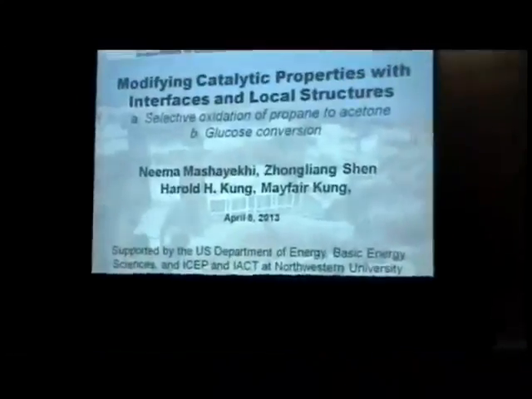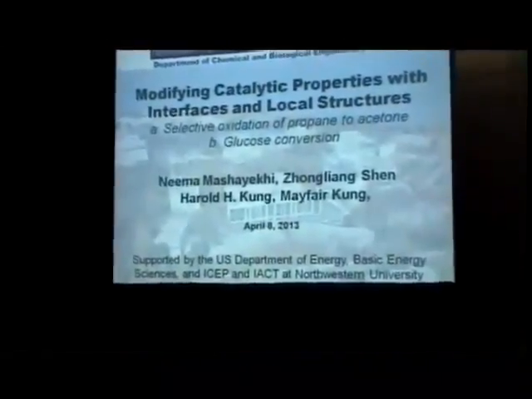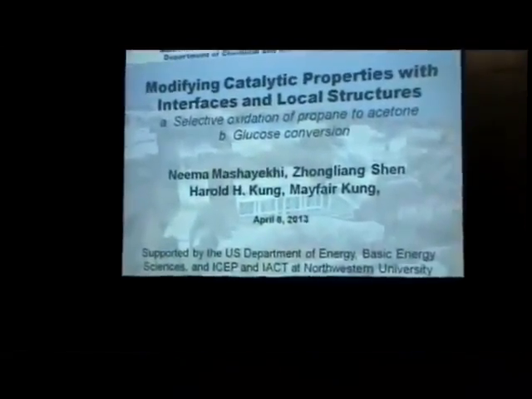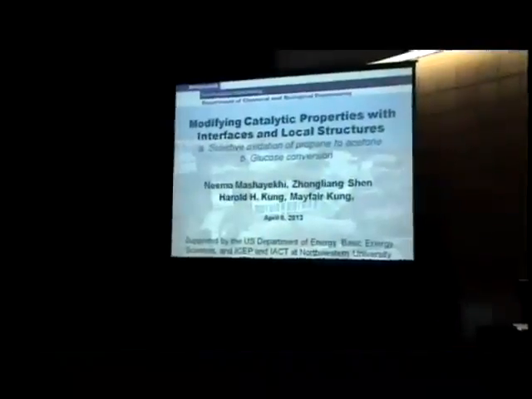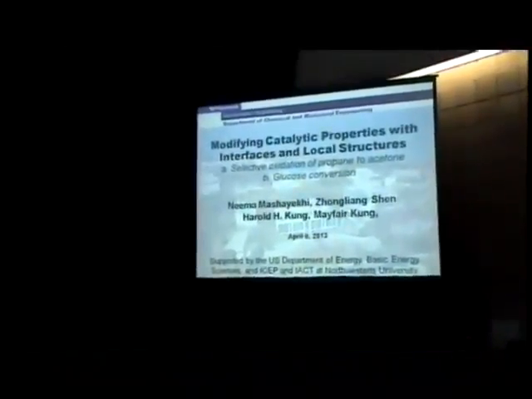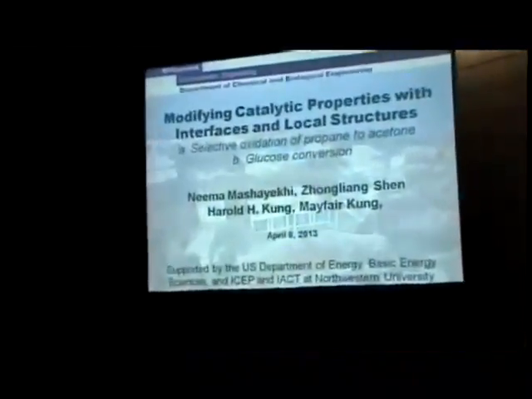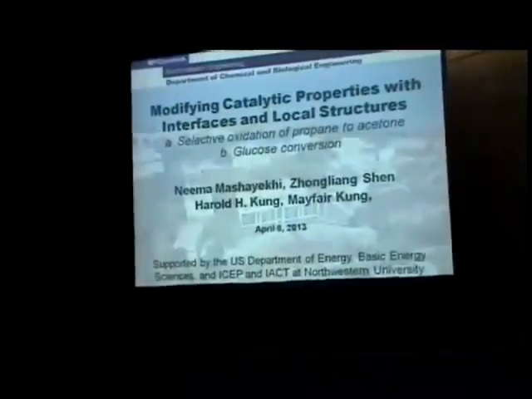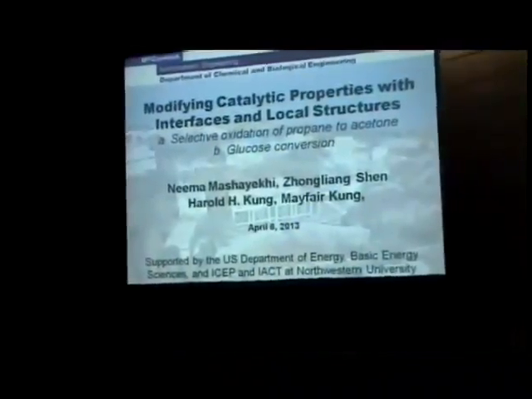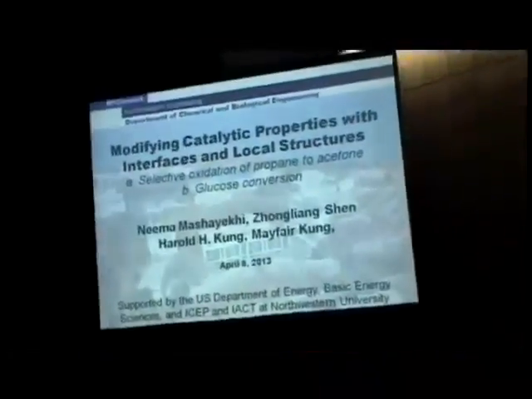Now, this talk is about some of the things we've been doing in our lab recently, related to building catalytic structures, or structures that have relevance to catalysis. Today I will talk about two particular examples. One is the role of the metal oxide support interface in the selective oxidation of propane to acetone.